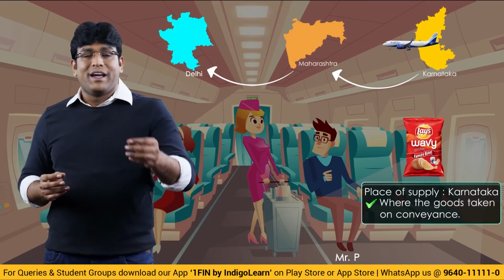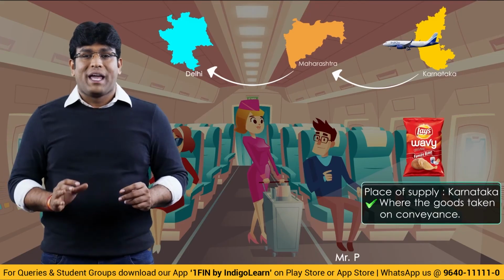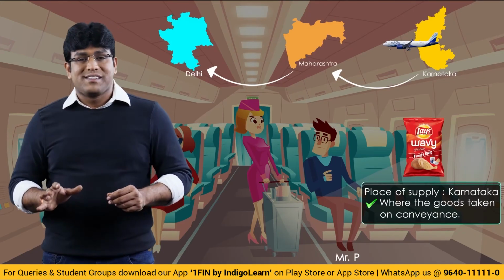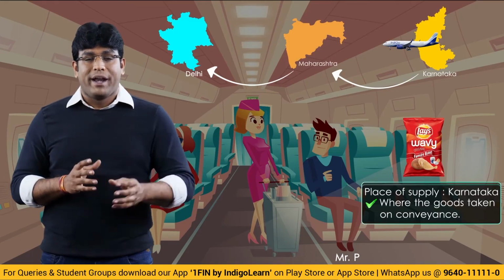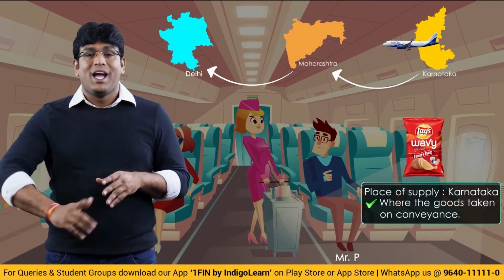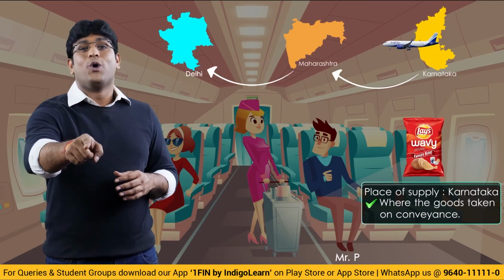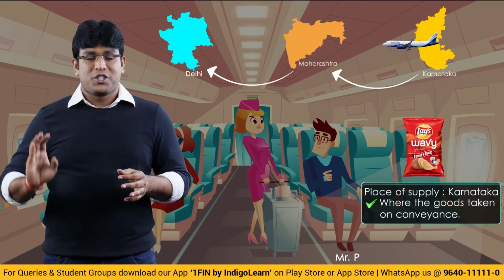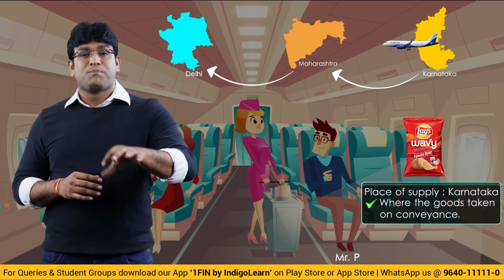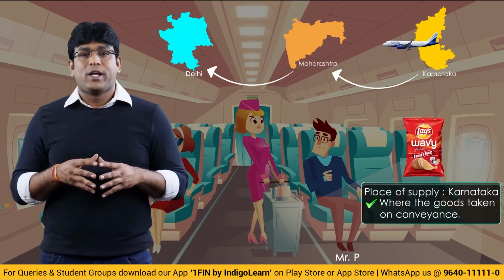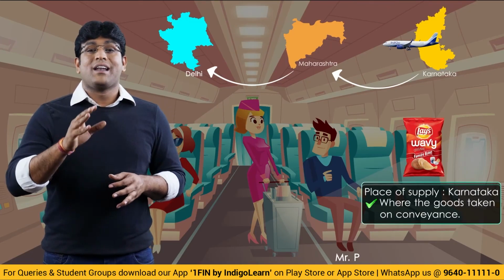So friends, 10.1e talks about place of supply with respect to goods supplied on board a conveyance. And with respect to goods supplied on board a conveyance, place of supply will be the place where goods are taken on board. So in my example, when a flight is going from Karnataka to Maharashtra to Delhi, even though he has procured the goods during Maharashtra to Delhi journey, the goods were taken on the conveyance in Karnataka itself.